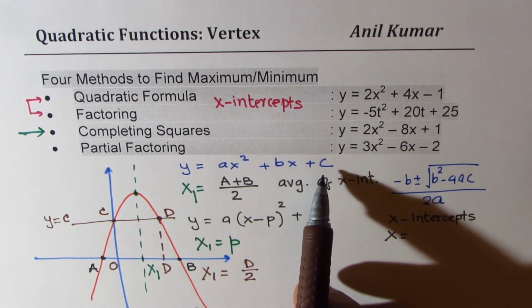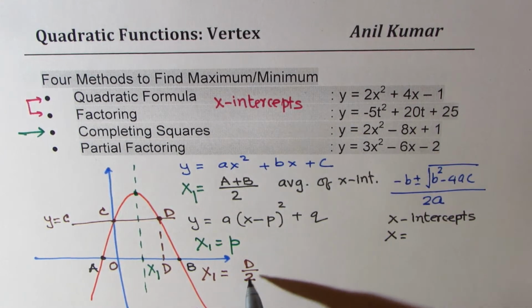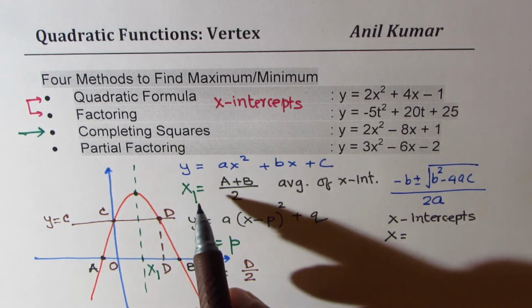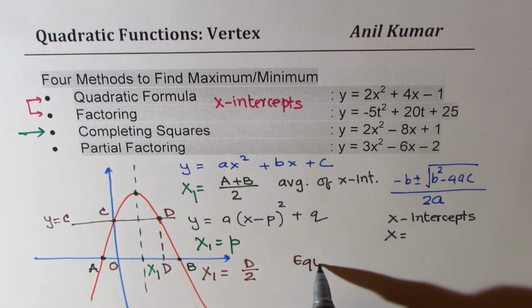That is the fastest way of finding the axis equation, right? So what we are given here is the equation of the axis.